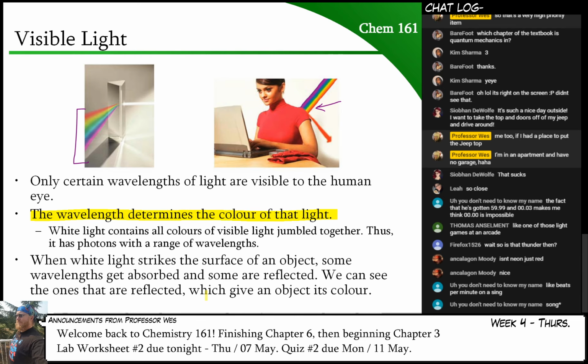Now, when light strikes objects, some of those wavelengths are absorbed by the material. Some of those wavelengths are reflected by the material, or they're emitted because after they're absorbed, the energy that's available emits in that color. When light bounces off something, that light can then go to your eye.